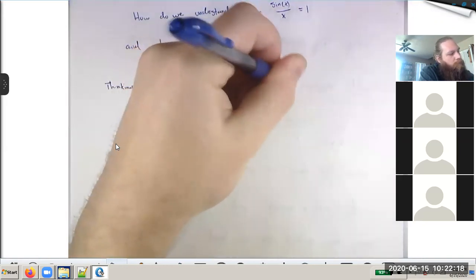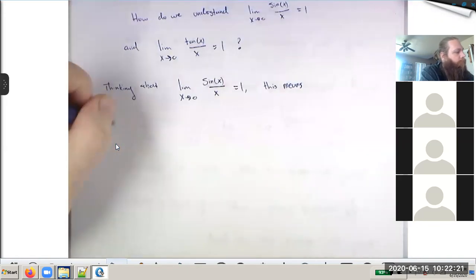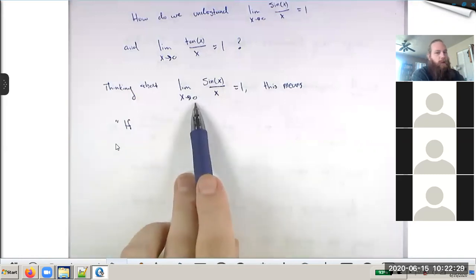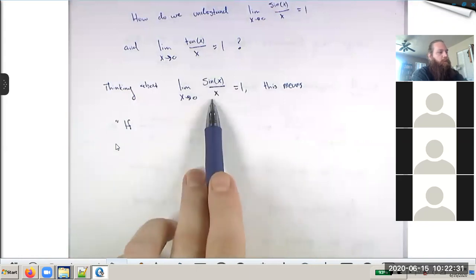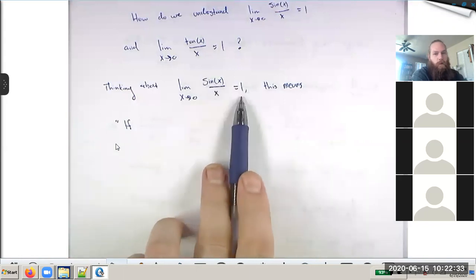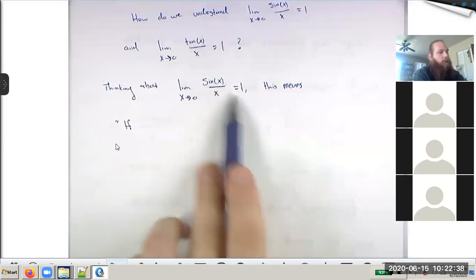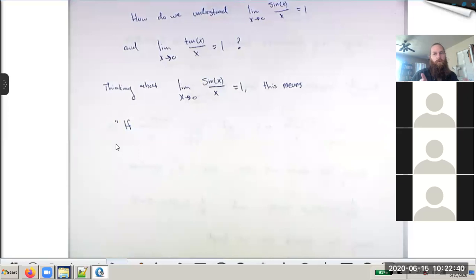Think about the language we used to talk about limits at the very start of the course. We said, as x gets closer and closer to 0, sine x over x gets closer and closer to 1. Even though I can't plug in x equals 0 and get 1 out, I can talk about what happens as x gets closer and closer to 0.